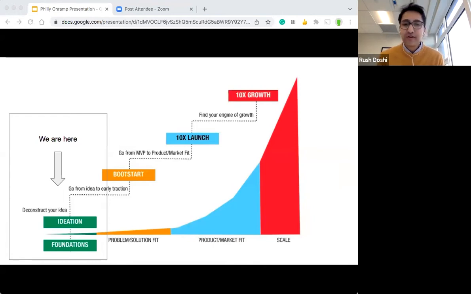And then the holy grail, because you all want to be unicorns at some point, is whether this can go 10x, and truly scale. So this early stage is critical. It's fun and exciting, but there are also techniques you can use to make sure that you successfully make it to the next ones, and that you're heading in the right direction.